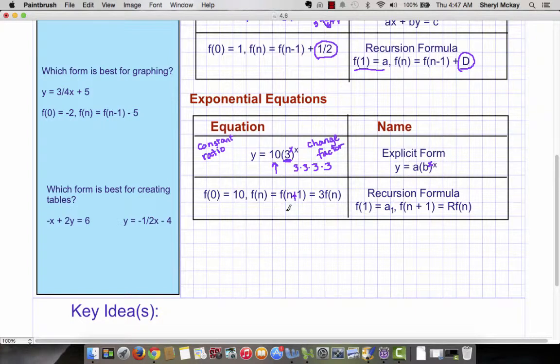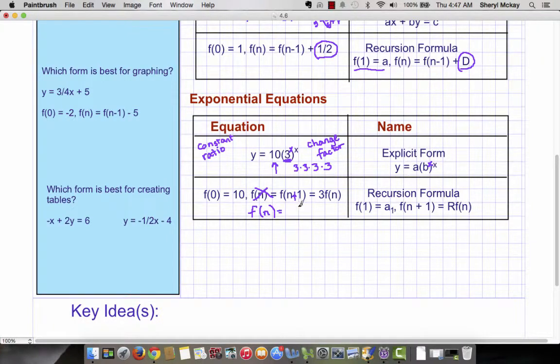So the first thing is we have f of 0 equals 10. And now we're going to say, if we want to find f of n, we'll just think about saying the next term. So f of n plus 1, the next term, is f of n times 3. We could also write it like this.